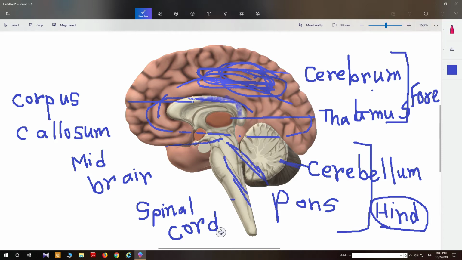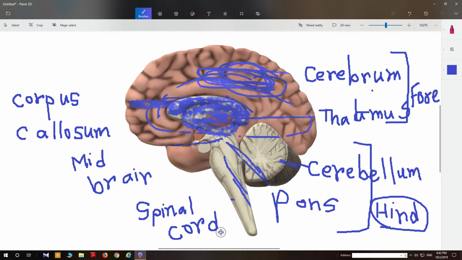Is there any other color? So this is the midbrain area, and here the medulla oblongata is the most posterior part of the brain. Its front part is connected with the pons and the back to the spinal cord.